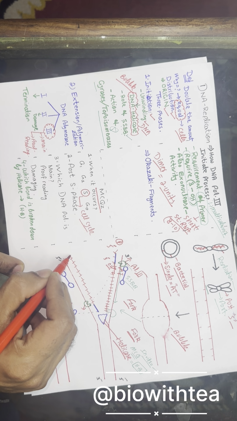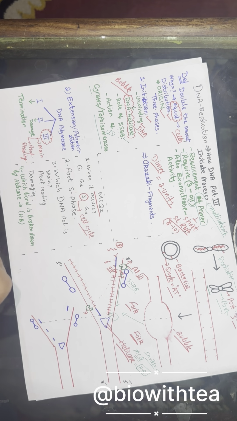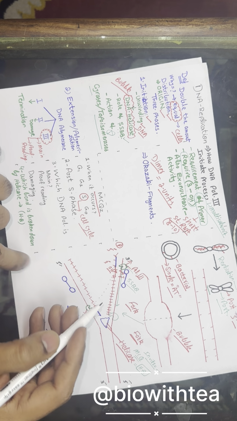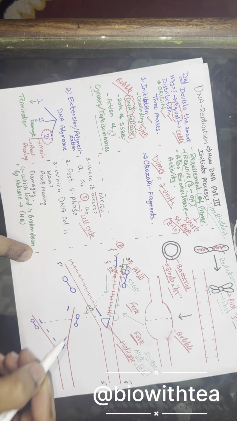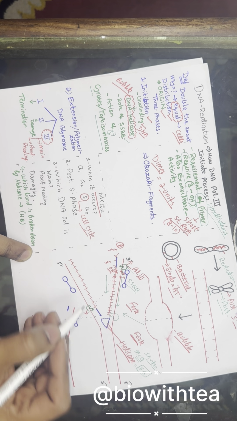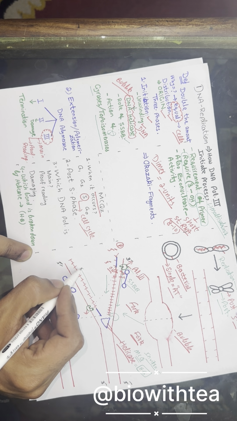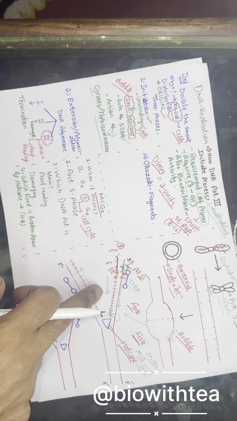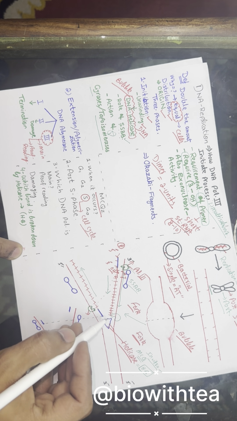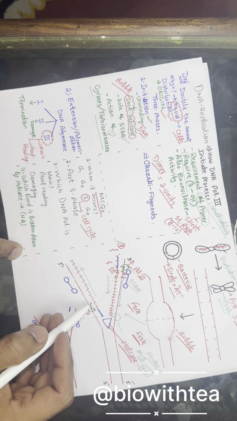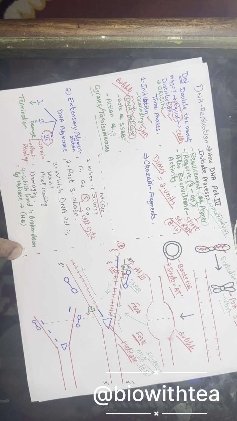Have you noticed something? On this replication fork, the upper replication occurred in this direction, and this replication occurred in the opposite direction. Technically, we will explain. This replication was happening towards the replication fork, and this replication was occurring away from the replication fork.